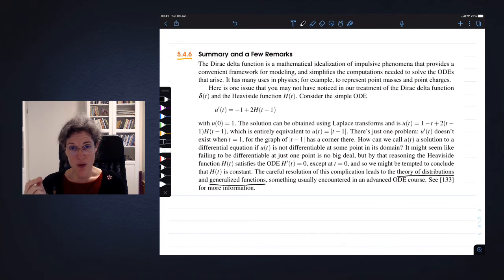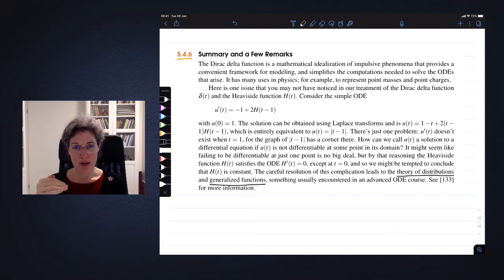Phew, okay, so there was quite a lot of content in this. What do you need to know going forward? It's important to understand the Heaviside function, so be able to use the Heaviside function to put together step functions of all different kinds. Know how to find the Laplace transform of the Heaviside function.